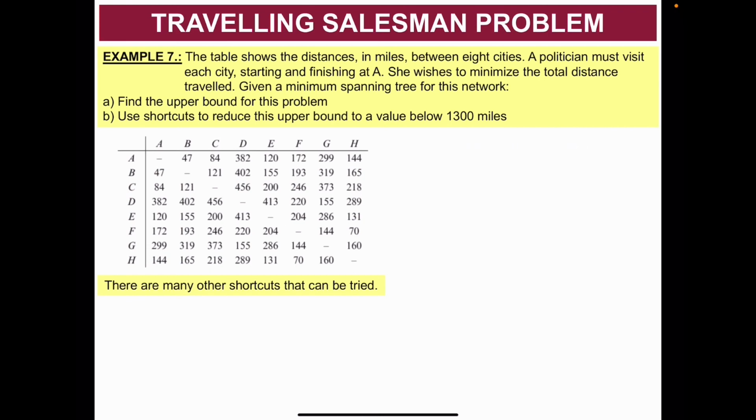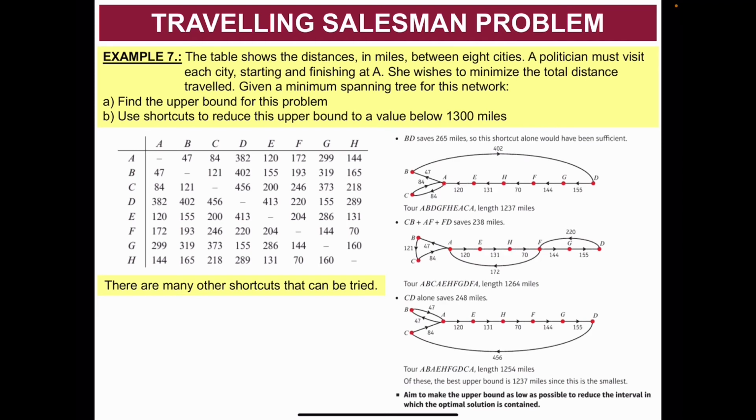In this question, there is obviously not only one possible solution. When we're talking about the shortcuts, you have several of them that you can try. Okay? If you look at this picture, or you have it also in the book, there are several shortcuts you can try.